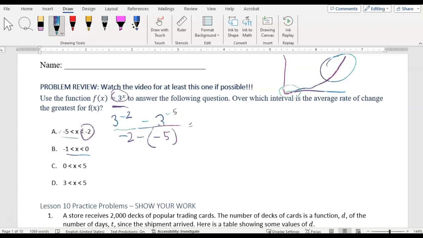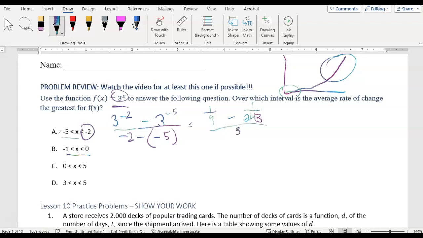All right, so 3 to the negative second power is 1/9. So that's going to be 1/9 minus 1 over 3 to the fifth power, which if you use your calculator, you'll see that 3 to the fifth power gives you 243, all over negative 2 minus a negative 5, which becomes negative 2 plus 5, which is 3.